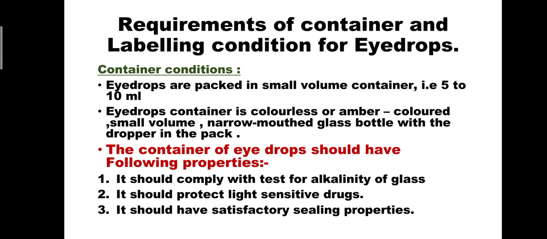That means there is no effect on the container because of light. Third, it should have satisfactory sealing properties, that means it is perfectly packed, with no leakage of drug from the container. These are the container properties.